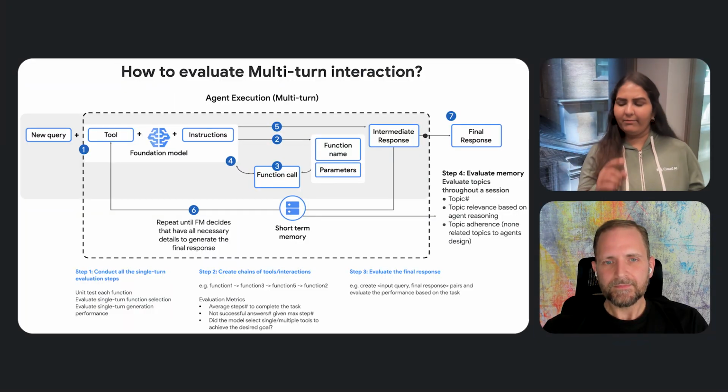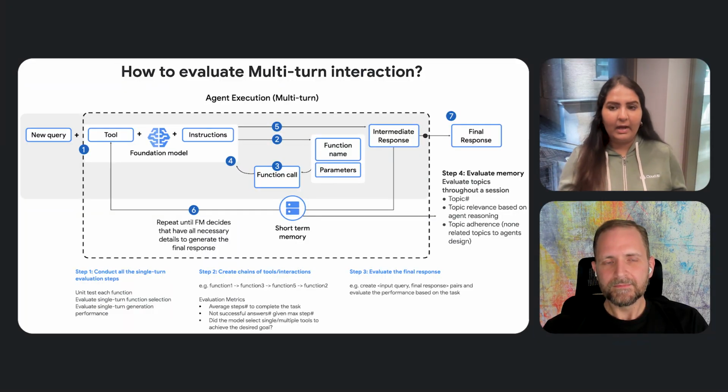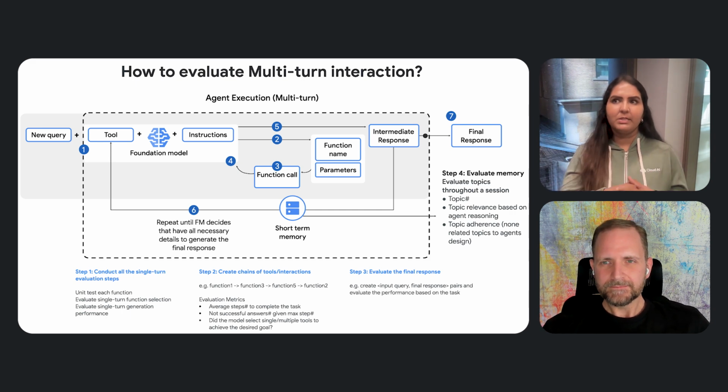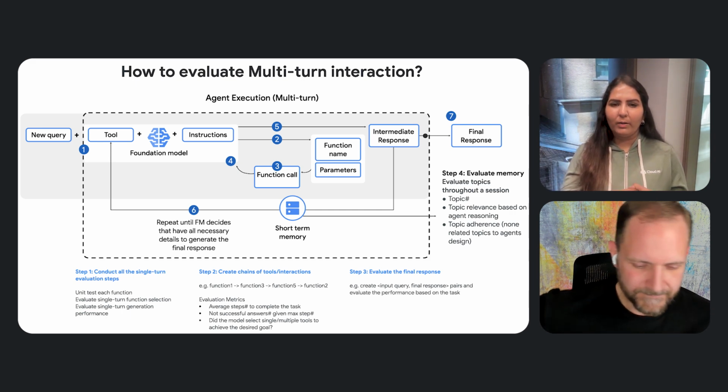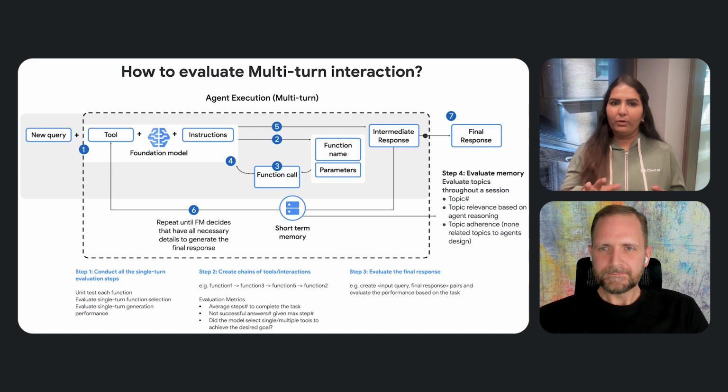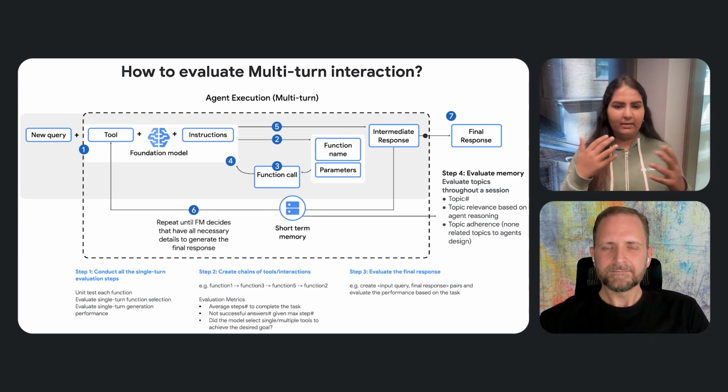Absolutely. I think this is a very important point that you made. For multi-turn agents, evaluation might not work as it normally would. For example, let's take the case of a customer support ticket agent. Let's say a user is prompting, hey, I can't log into my account. And then the agent responds with, okay, I'm escalating it to a human who can help you with that.